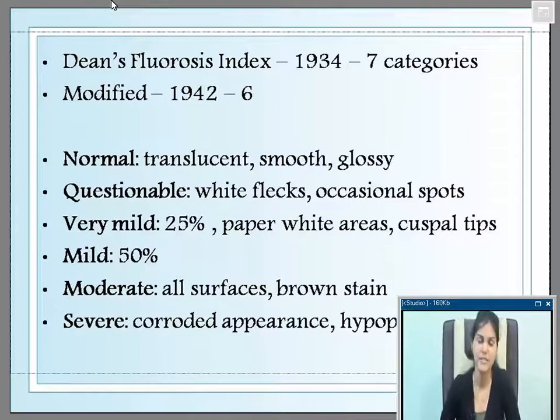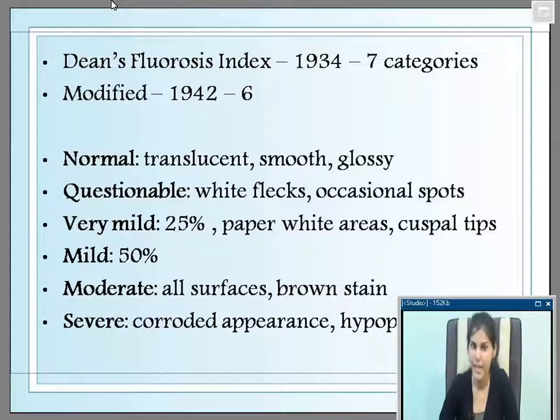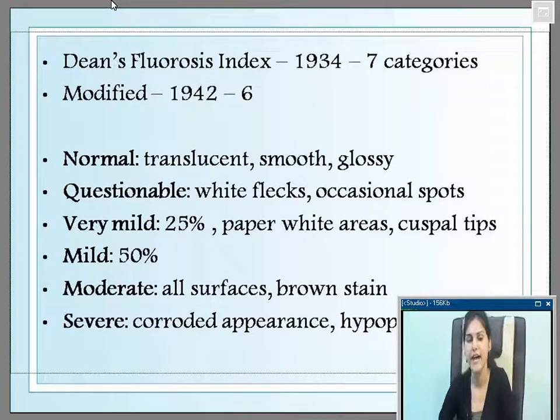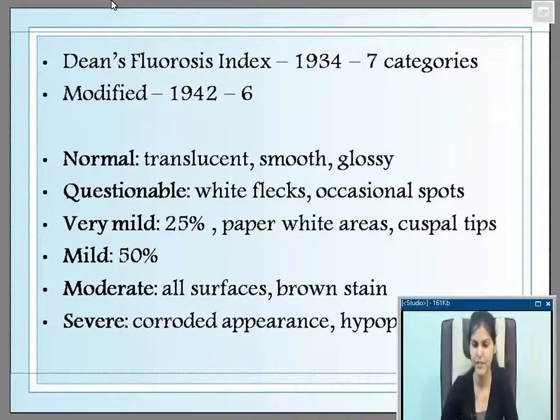Now, like I was telling you, the criteria and the trick words that you should always look out for. Now, in Dean's fluorosis index, whenever you are going to categorize it as normal, the words that will always appear in your questions are translucent, smooth, and glossy enamel. So, whenever you have these three words, you are going to classify that as normal enamel.